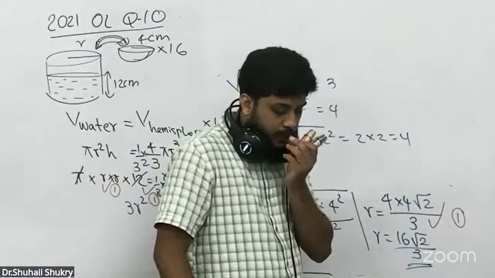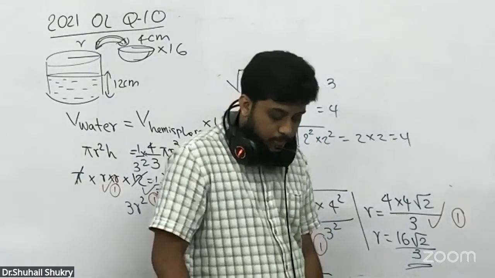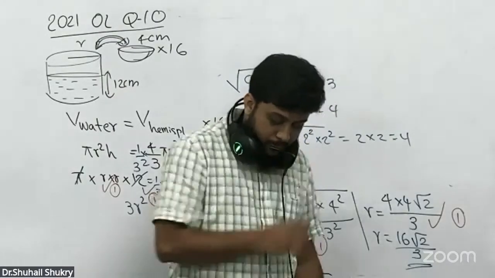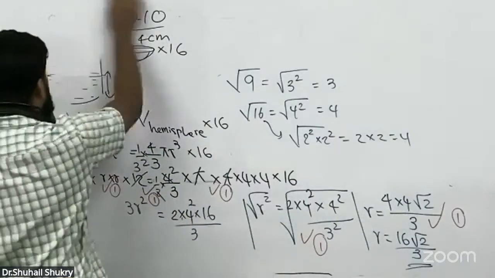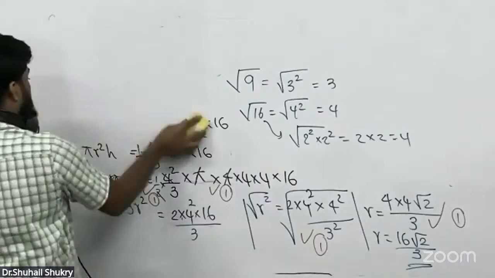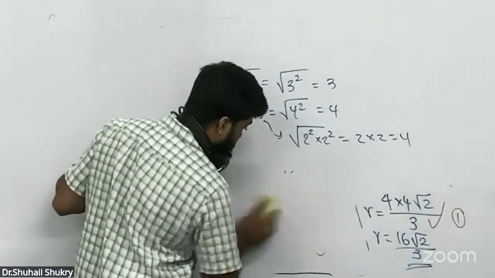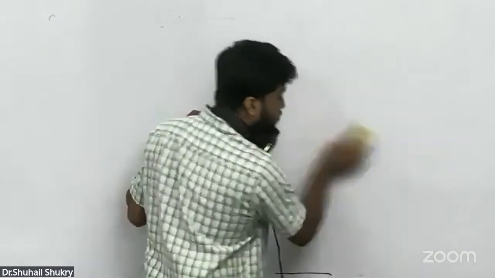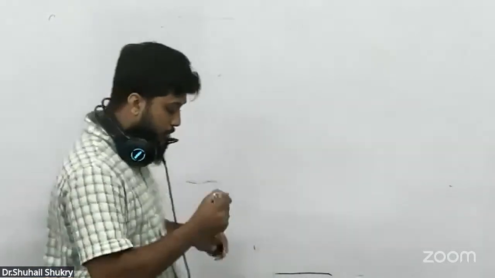A is equal to root 65.2 into 0.722 divided by 3.06. Find the value of A to the nearest second decimal place using the logarithm tables. Now, logarithm table.